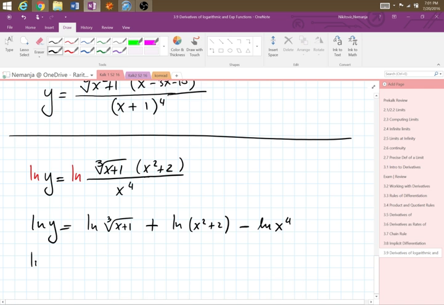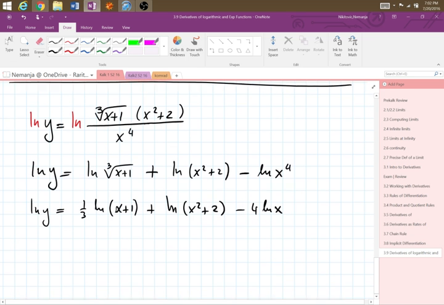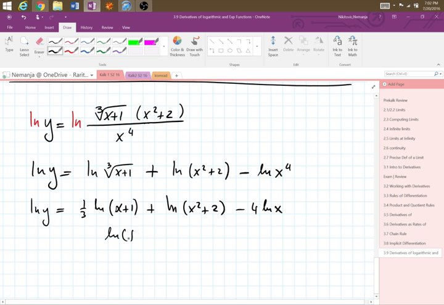And now I'm going to use the third rule, which peels off the exponents. So ln y is equal to 1/3 ln of x plus 1 plus, there is nothing to peel over here, so just copy that one, and then minus 4 ln x. The next step is to differentiate, because notice that each one of these is ln of f of x. And what's easier than just copying the function in the denominator and putting its derivative on top for basic functions?